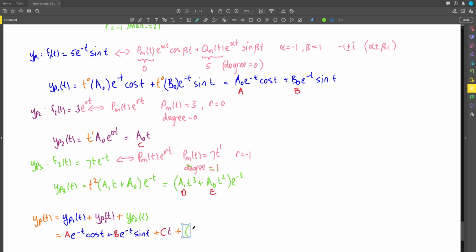That's going to be D times t cubed plus E times t squared, times e to the power negative t. And that is the form of our particular solution.